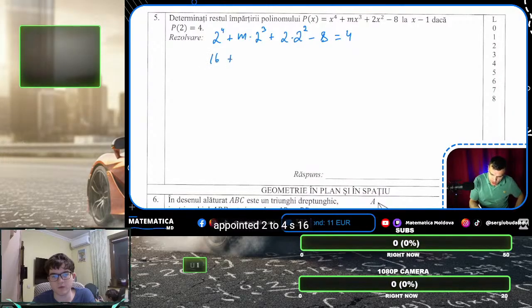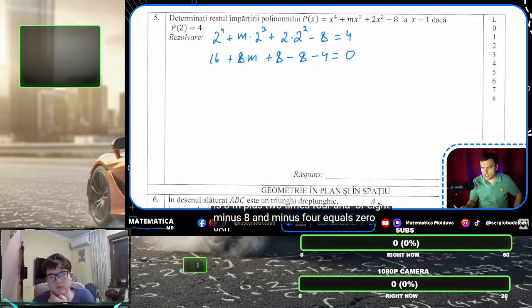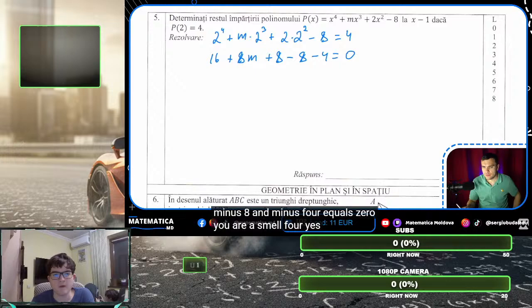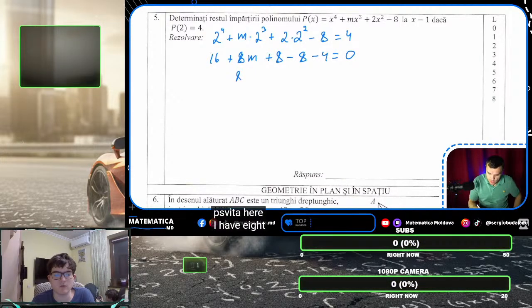So 2 to the power 4 is 16 plus 8m, or m8, BMW M8. Now we already got 8 minus 8, so that's basically cancelled out. And then we also got the minus 4 to the left and equal to 0. That's cancelled out, 8m and plus 12 equal to 0.